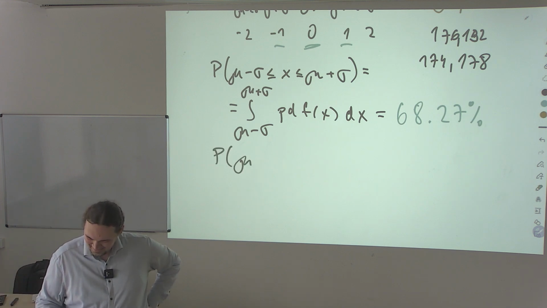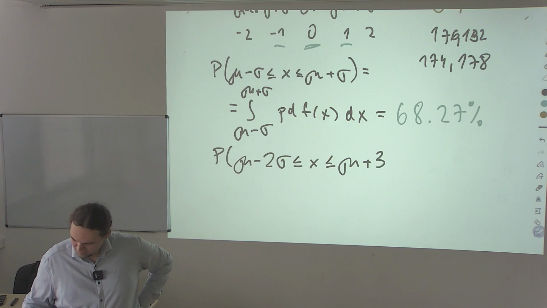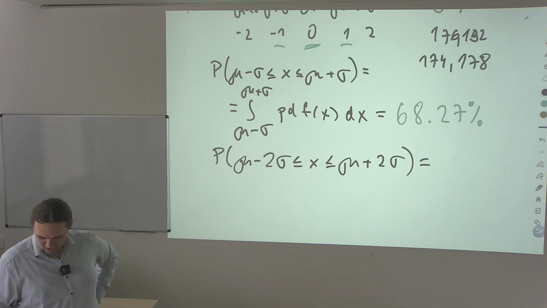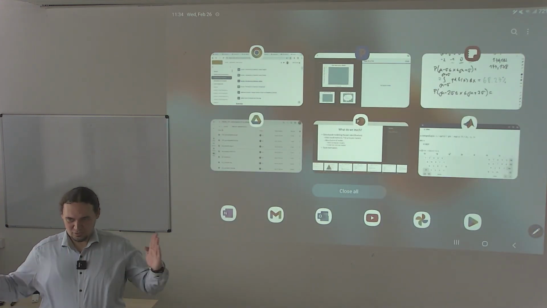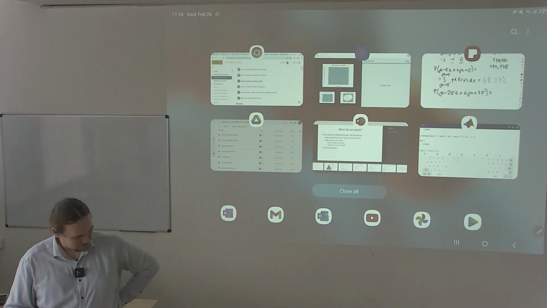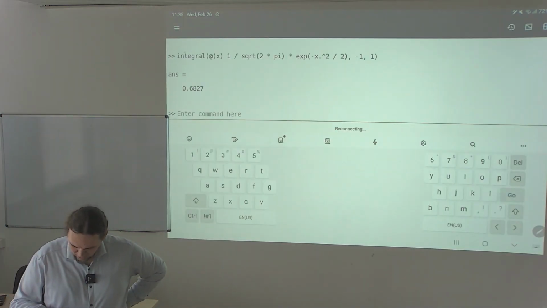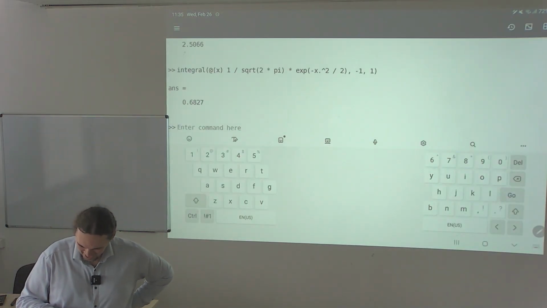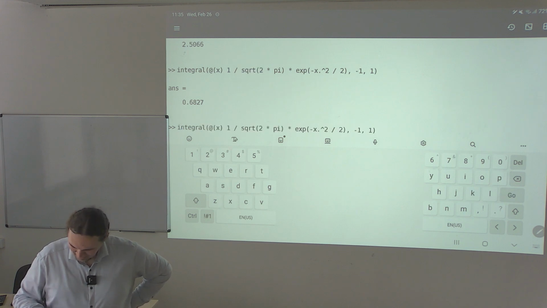Let's try at least to go with these values of sigma, just to increase them in multiples. So 2 sigma, or plus minus 2 standard deviations.